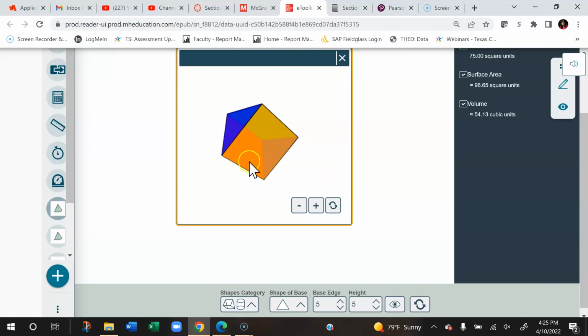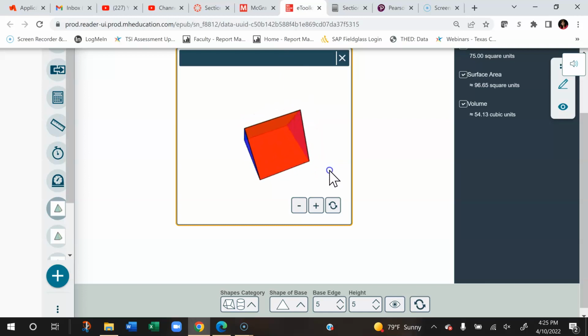This yellow side is also a face. I can rotate it and we have a red face and a green face. Okay, so we actually have 1, 2, 3, 4, 5 faces because we have the 2 blue ends, and then we have the 3 that go around that are the rectangular sides.